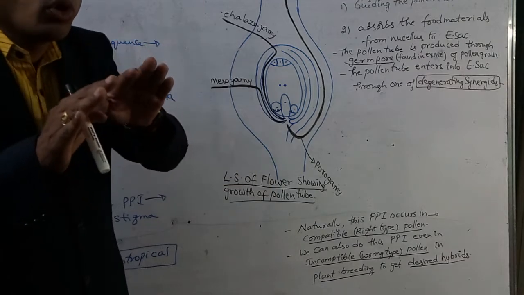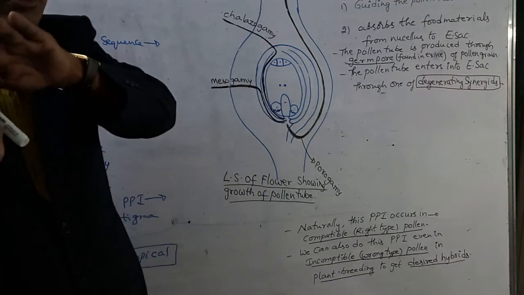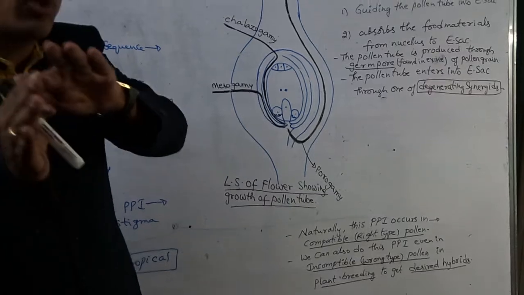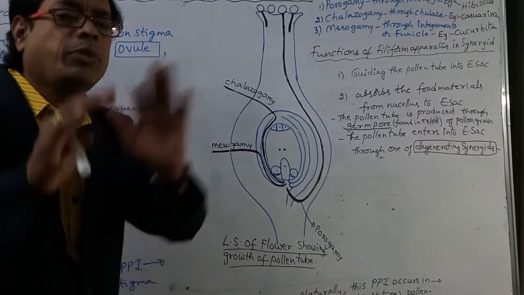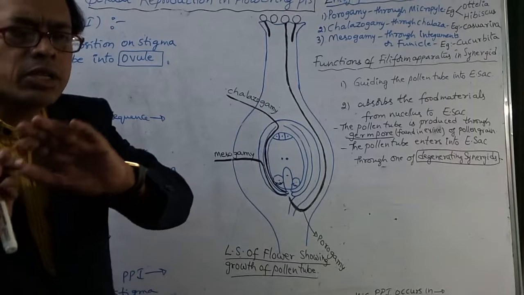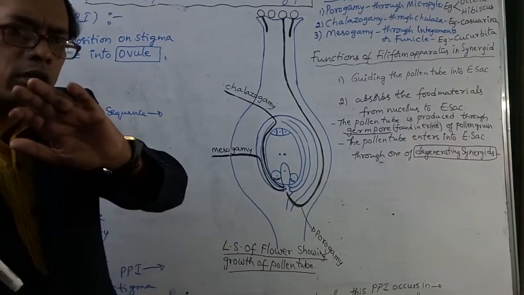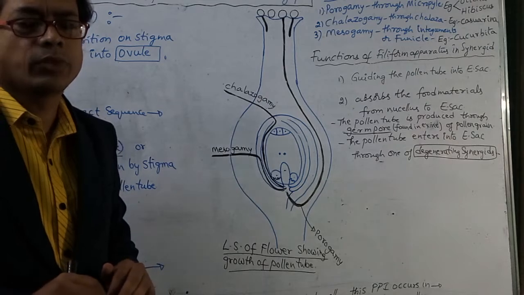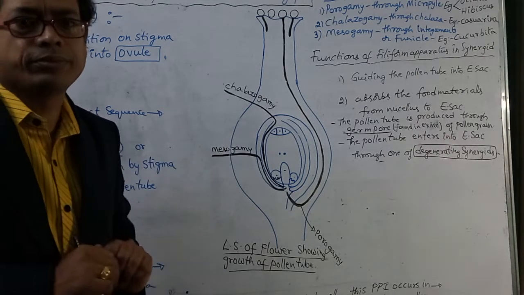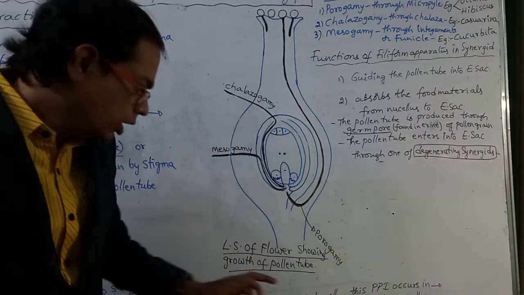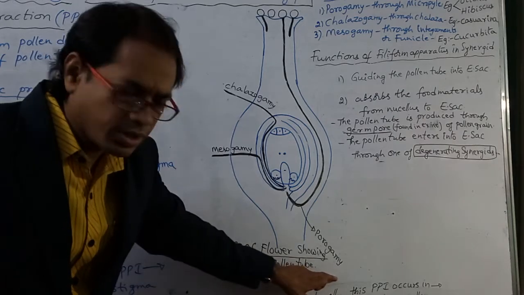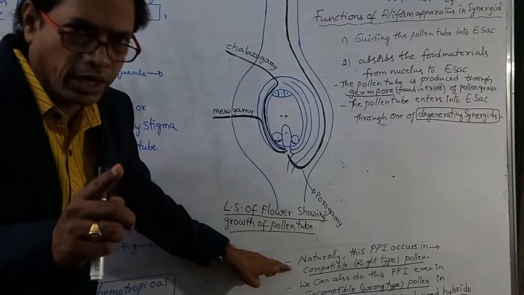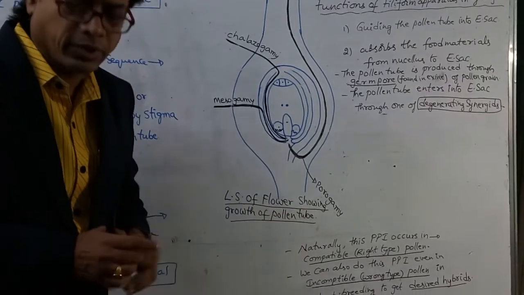That means pollen grains of hibiscus will fall on stigma of hibiscus, then only they germinate. Hibiscus pollen grains will fall on datura stigma, will they germinate? No. So that is the right type or wrong type. So naturally this pollen pistil interaction occurs in compatible pollen, that is right type pollen.